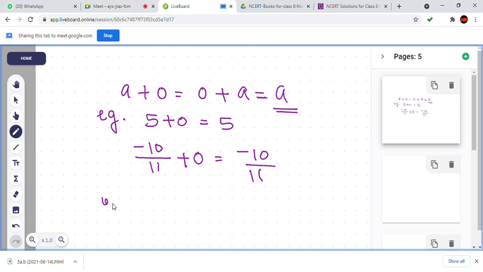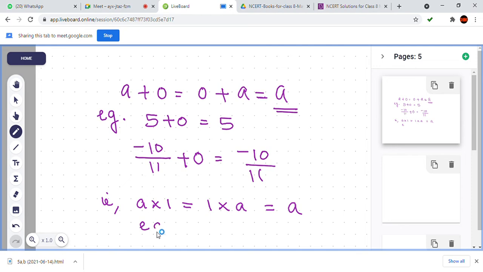That is, a into 1 is equal to 1 into a is equal to a.